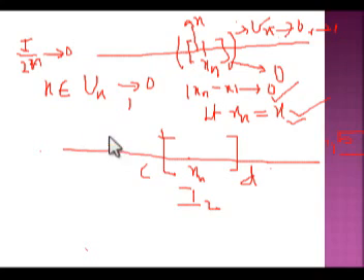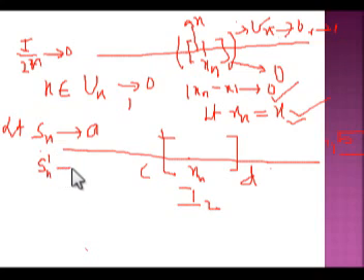It is well known in real analysis that if a sequence is convergent to a point, then the subsequence must be convergent. Sn prime is a subsequence of Sn. It has the same converging point. So the subsequence must converge to the same point. This is very well known in analysis.